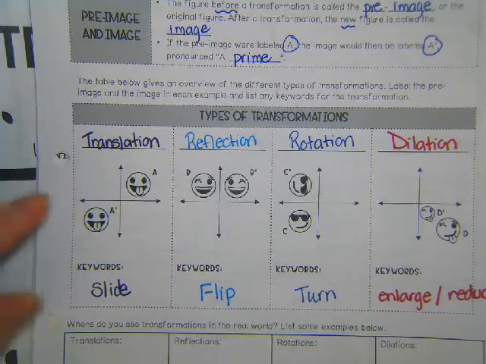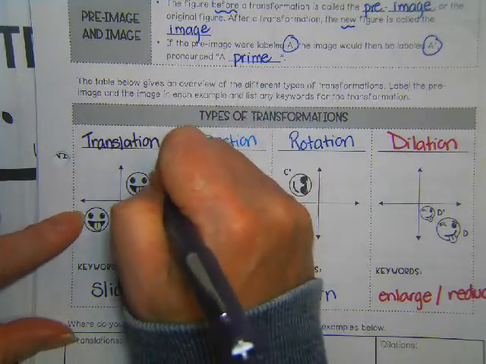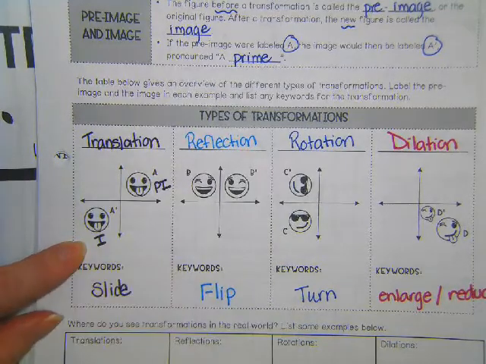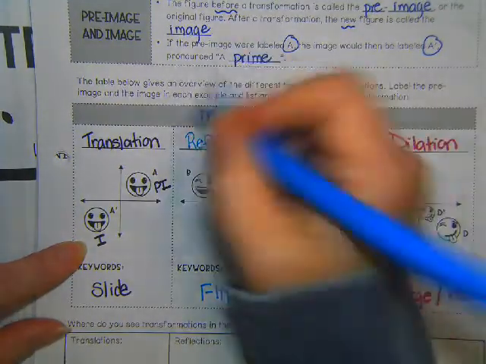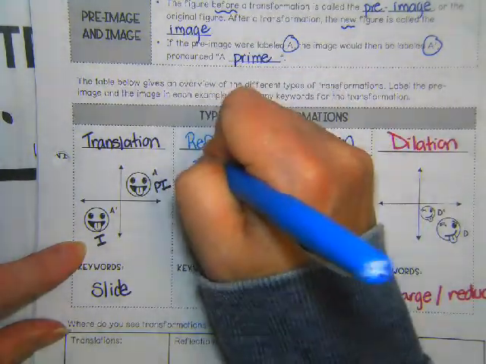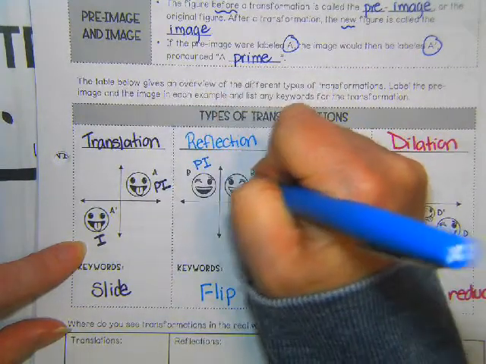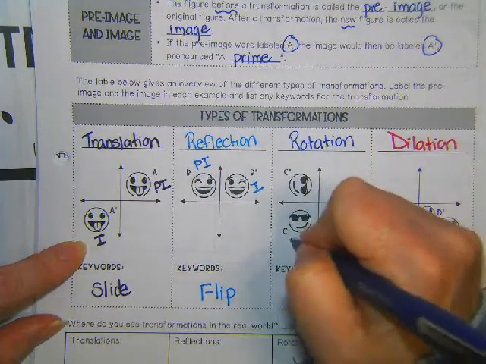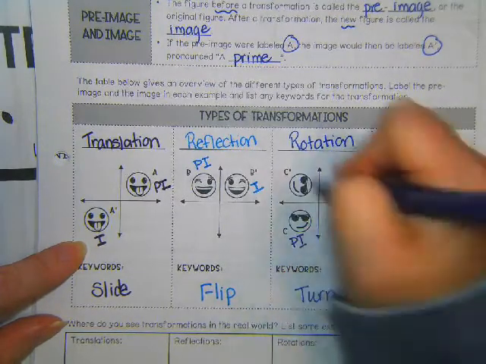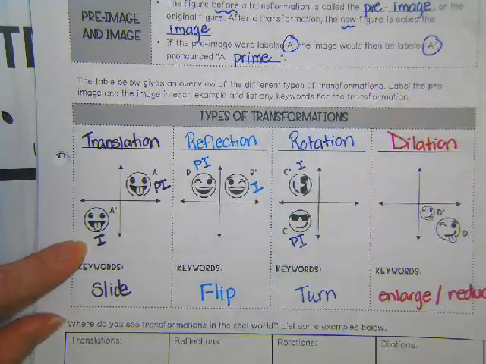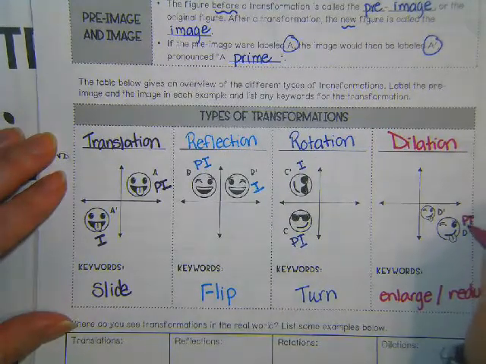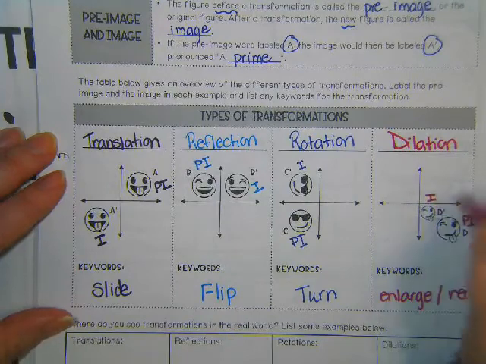So in the first one, this is our pre-image. This would be the image. In the second one, this is our pre-image. This is our image. Over here, this one is the pre-image, and this is our image. And down here, this is the pre-image before we did anything. This is what we did after, the image.